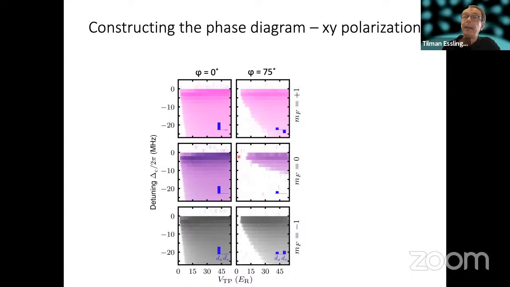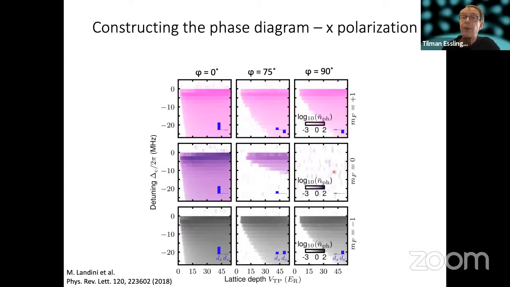Yet, the mF=0 is much more difficult to self-organize. You need much more power. And if we go to 90 degrees, the mF=0, as we had expected, will scatter just in the wrong direction and not self-organize, whilst the mF=+1 and the -1 will self-organize.